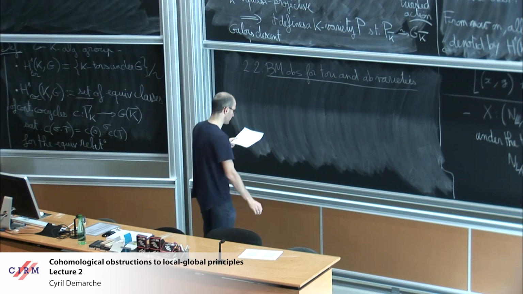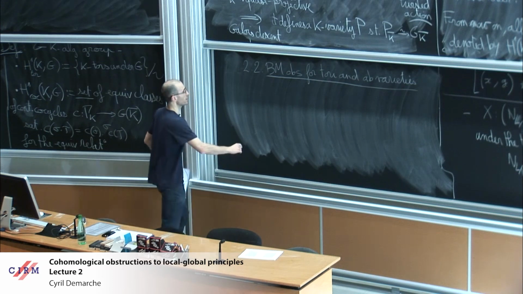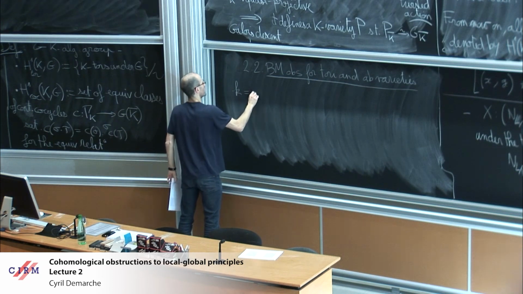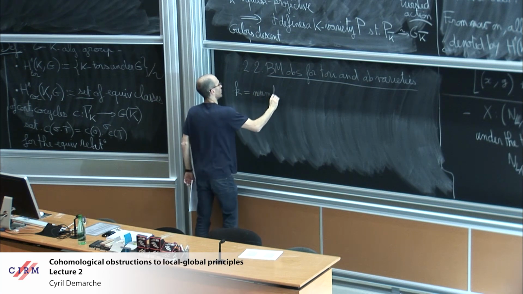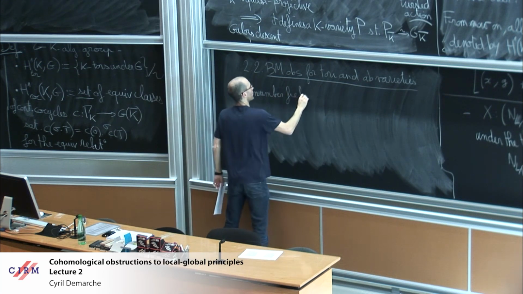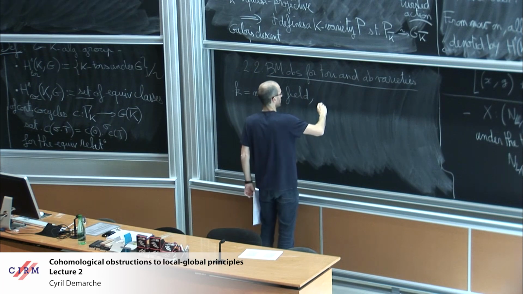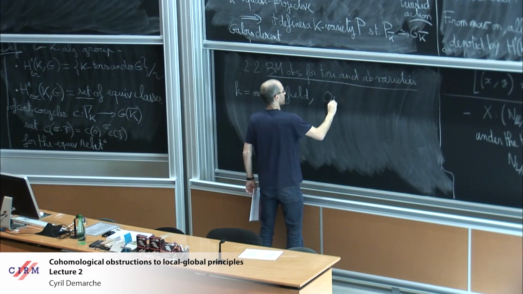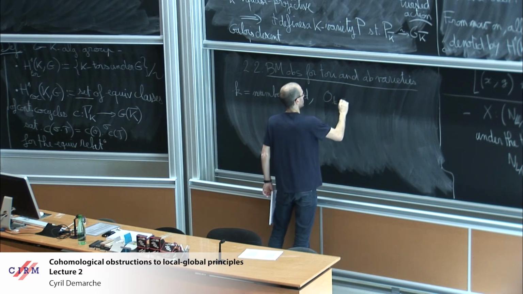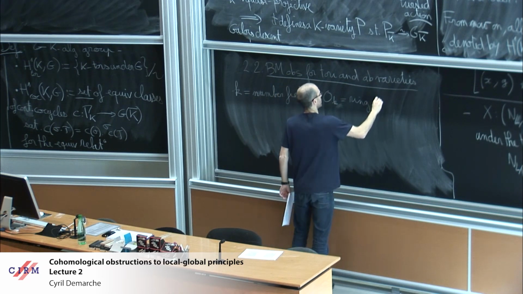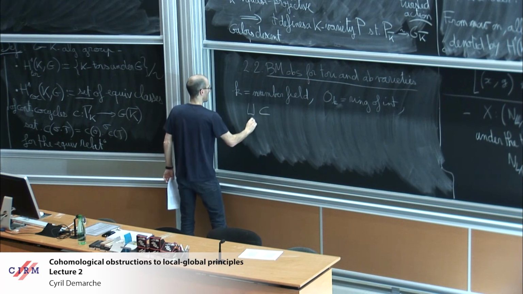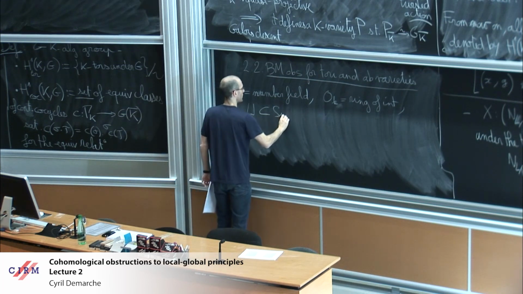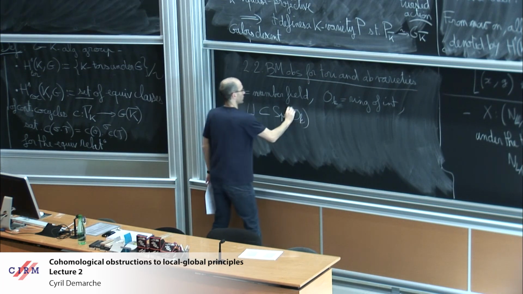And so the setting is: now K is a number field, O_K is its ring of integers, and U is a non-empty open subset of O_K.